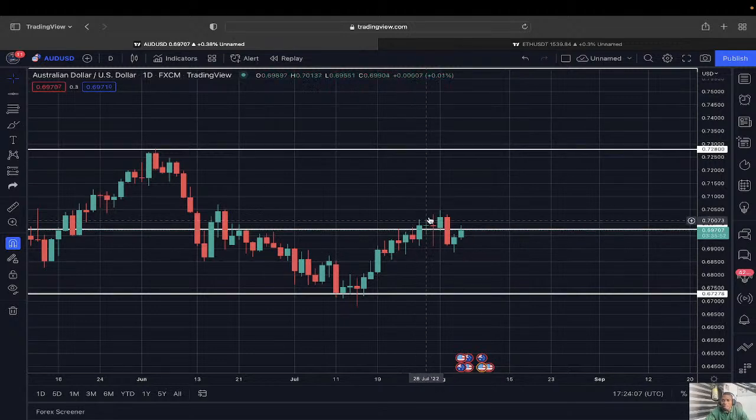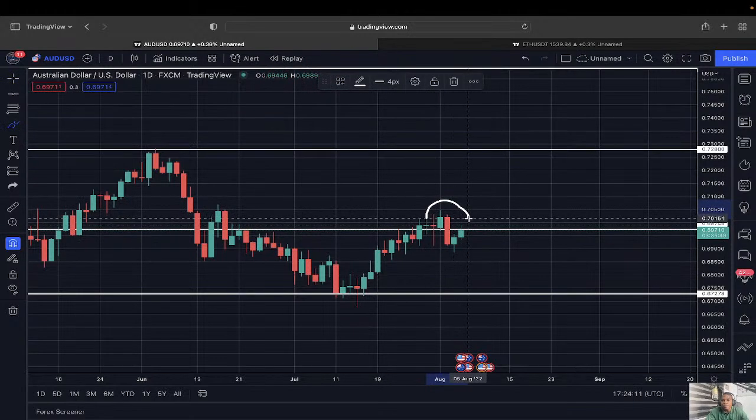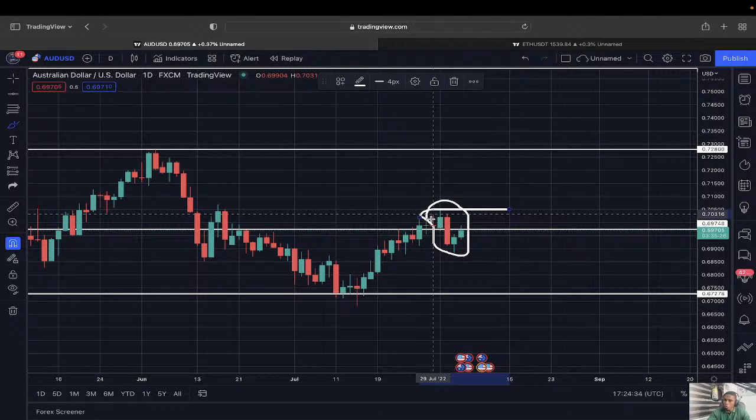With the appearance of this bearish engulfing candle, for intraday traders who use the daily time frame to analyze the market, you might want to wait to see if price closes above this engulfing candle.